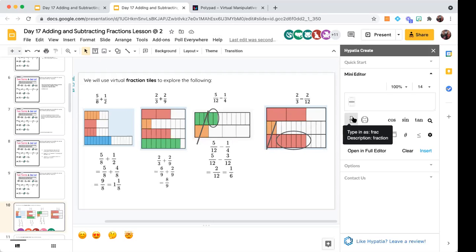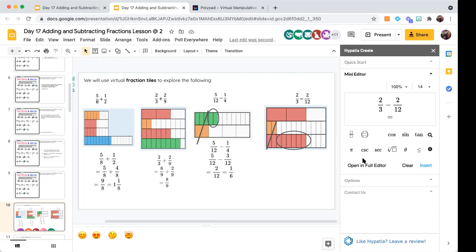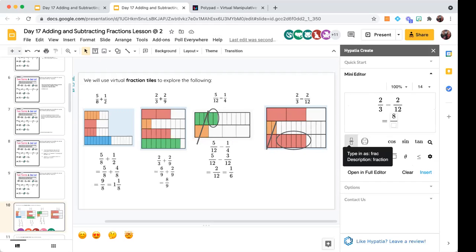So in this instance, we had 2/3 and we subtracted 2/12. We said that would have to be the same as 8/12 minus 2/12.